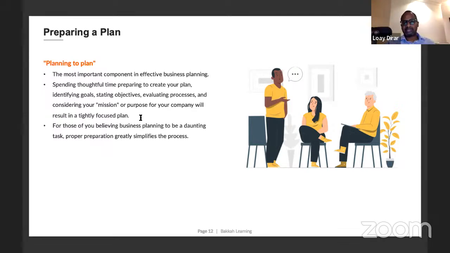Identifying goals, stating the objectives, evaluating processes, and considering your mission or purpose for your company will result in a tightly focused plan. For those of you believing business planning to be a daunting task, proper preparation greatly simplifies the process. People usually think that developing a business plan can be an overhead, but that's not true.